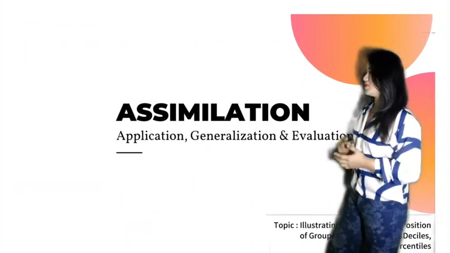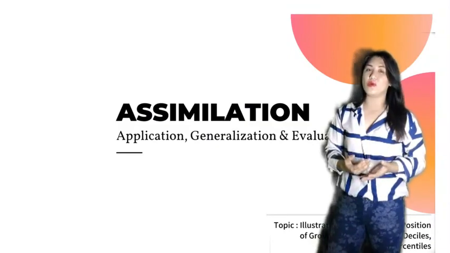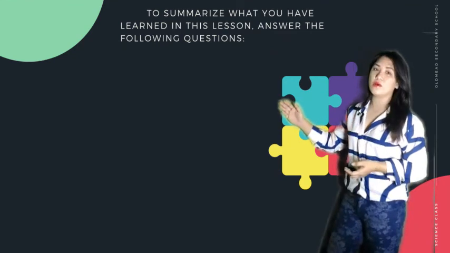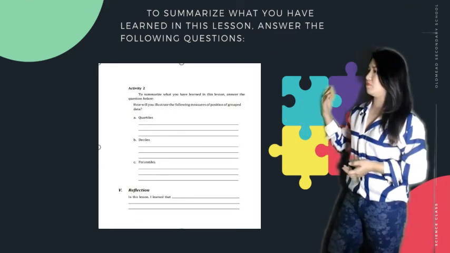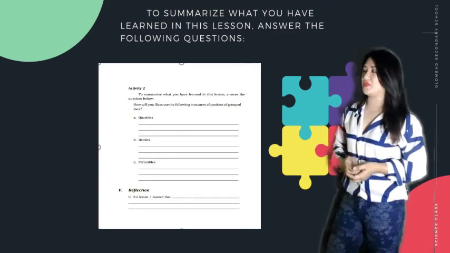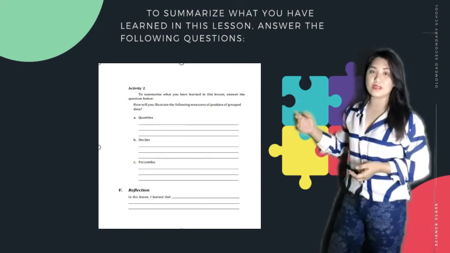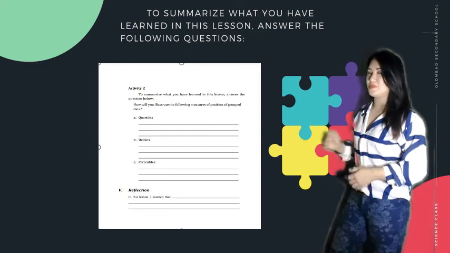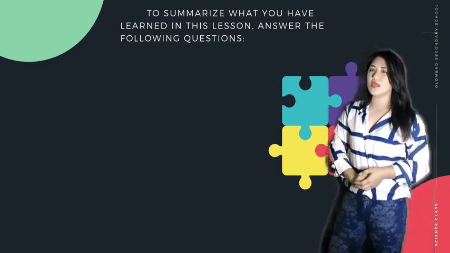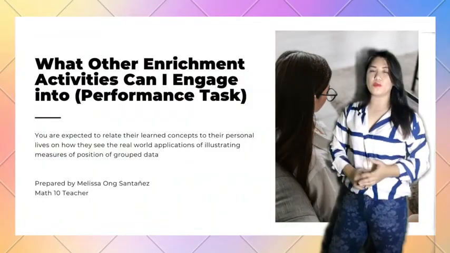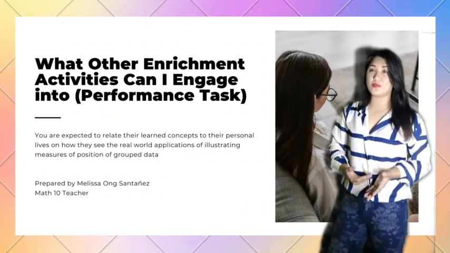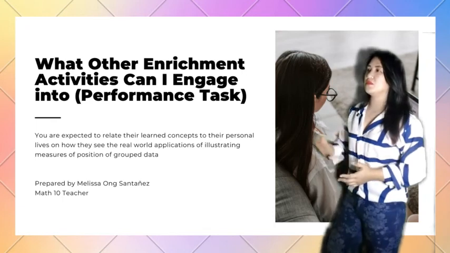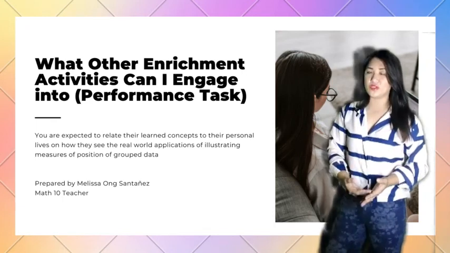Alright, to evaluate your learning and summarize what we have discussed, I want you to answer the following summary of what you have learned by illustrating the measures of position of quartiles, deciles, and percentiles, following the prompts below. Also think of what other enrichment activities you can engage in with the use of the applications of the measures of position.